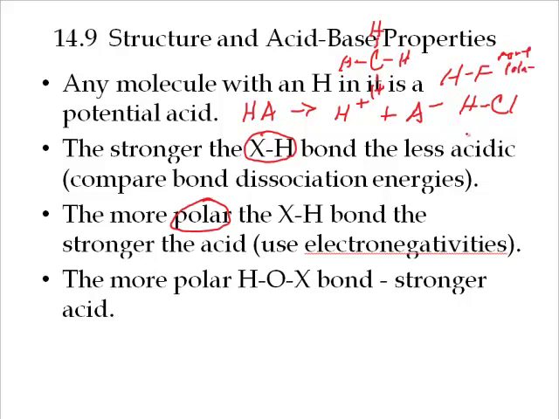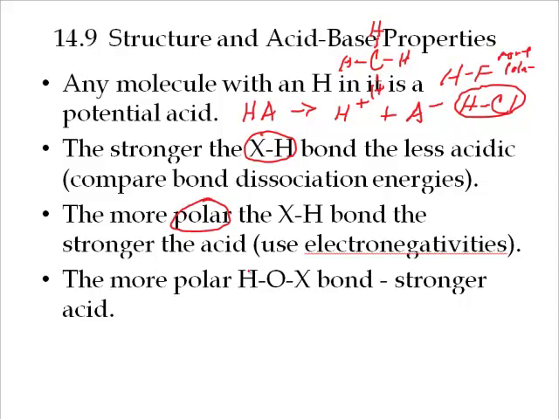But which one do we consider the stronger acid? Well, HCl is the stronger acid. So in water, even though HF is more polar, HCl is going to be a stronger acid. So just some things to think about. It's the polarity that's involved and how strong the bond is.